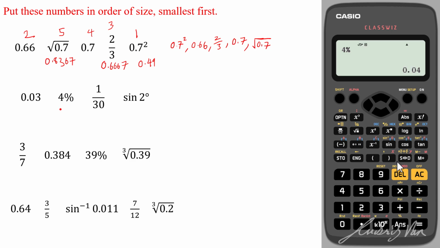Then the next one will be 1 over 30 equal 0.0333.